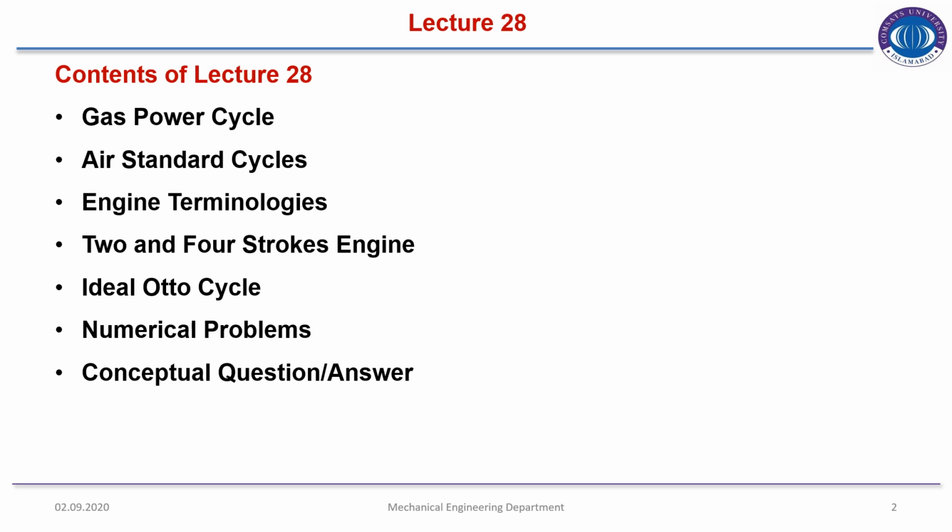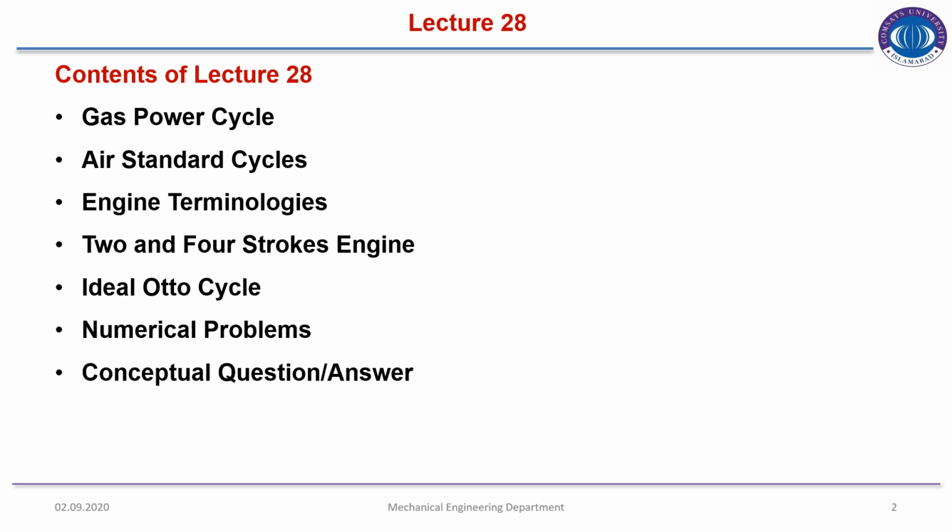So the categorization and classification of power cycles we have already discussed in lecture number 25. We have two types: one is power generation, and one is power consumption or refrigeration power cycles. Then we have the classification according to working substance.